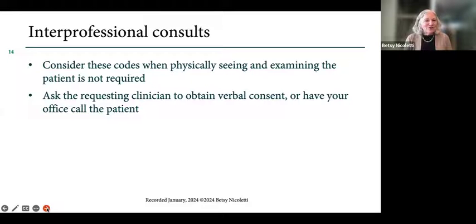So for interprofessional consult, you can consider these codes when physically seeing and examining the patient is not required when you have this request from another healthcare professional. And we're going to have to ask the requesting clinician to obtain verbal consent, or maybe you have your office call the patient.